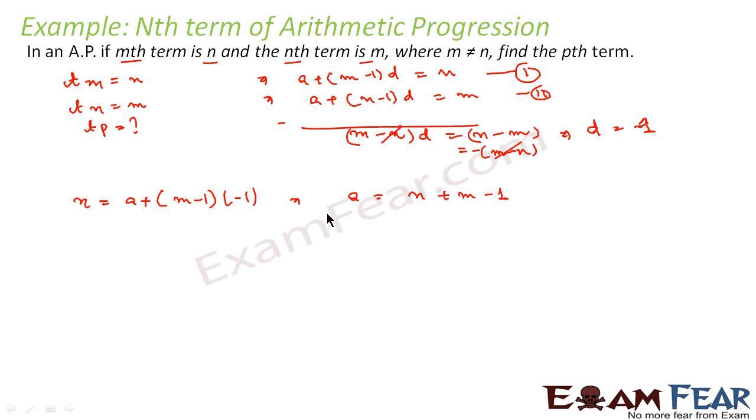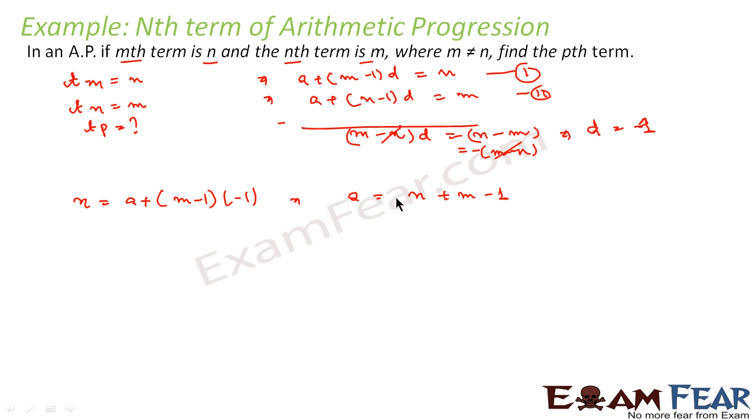Very simple. What we have done, we have found a, because in this equation n is equal to a plus (m minus 1) into minus 1. So a will become n plus m minus 1.